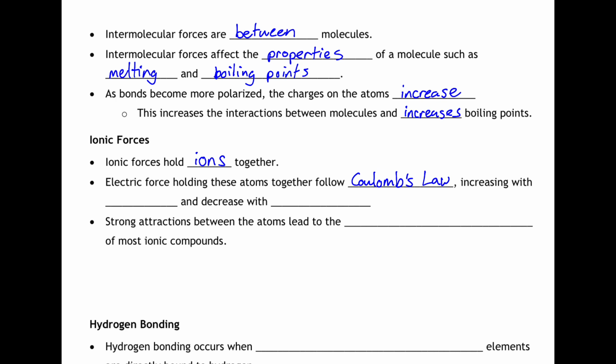Coulomb's law increases with charge. So if there's more charge on an ion, that's more force. And if there's more distance, that's less force. So if you've got lots of charge and you're really close, that's a lot of force. But if you have less charge and more distance, that's less force.